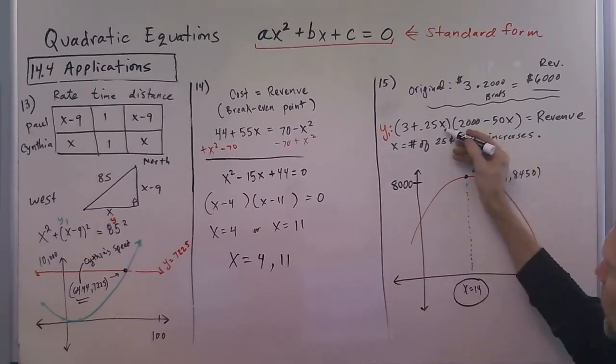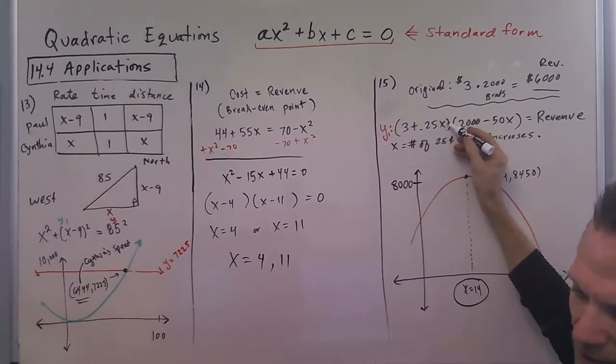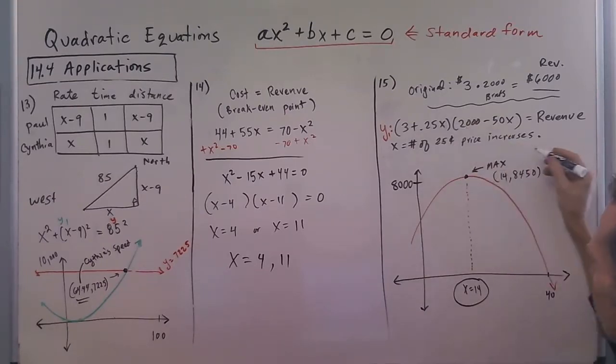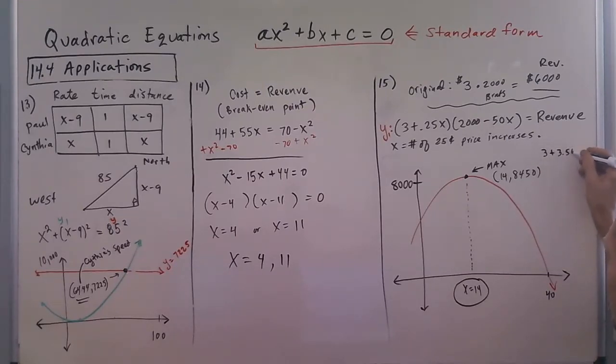So if we put the 14 in here, okay, what we find out is that it's an increase of $3.50. So we would have 3 plus 3.50, and we find out that we should sell our brats at $6.50.